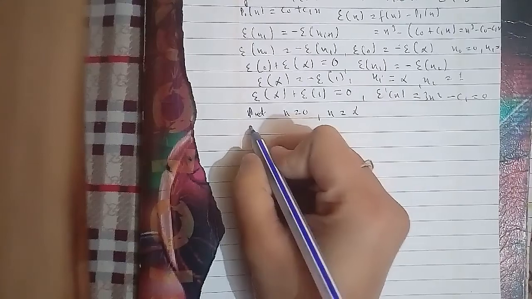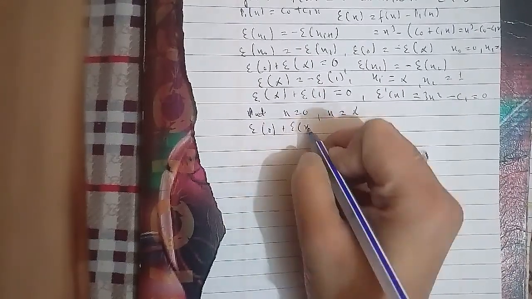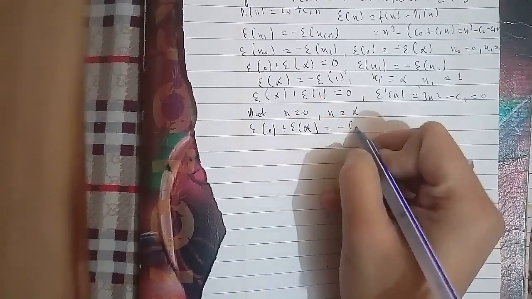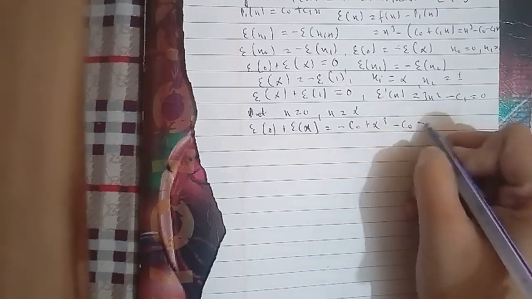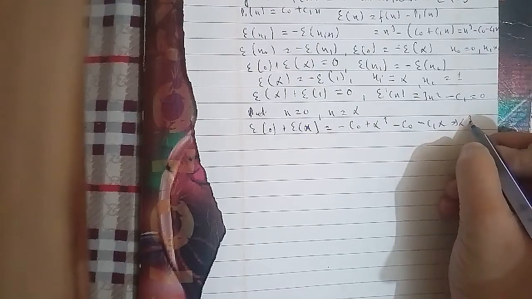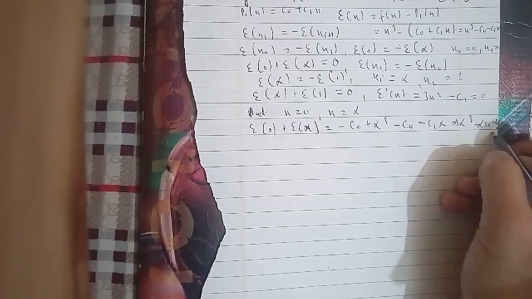We get minus c0 plus alpha cube minus c0 minus c1 alpha equals 0, that is alpha cube minus alpha c1 minus 2 c0 equals 0.